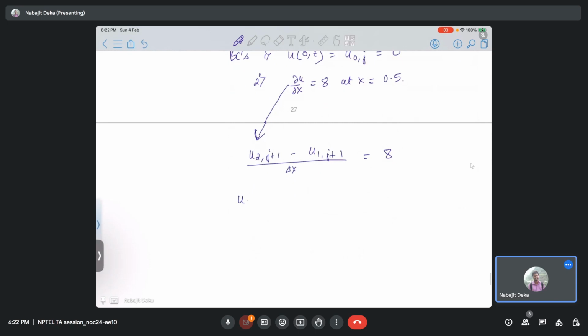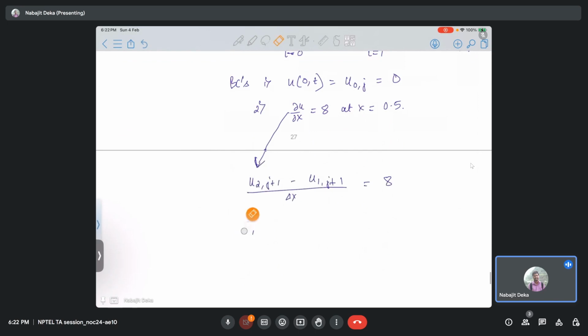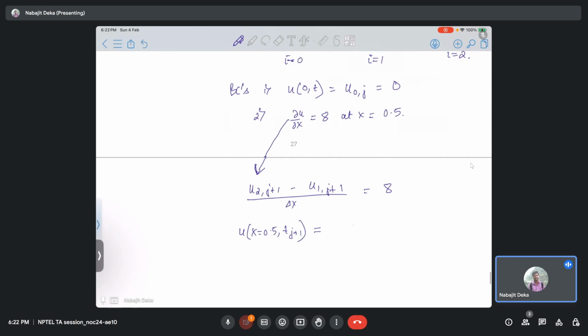So u2 at x equal to 0.5, t j plus 1, will be 8 into delta x plus u at x equal to 0.25, t j plus 1.